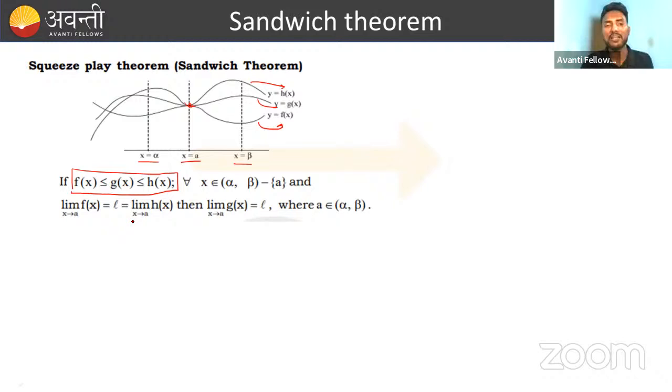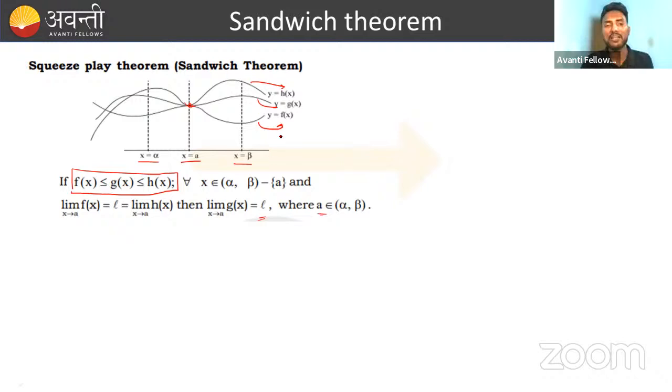But it depends on a being in between alpha to beta, and in alpha to beta, h(x) is always greater than g(x) and g(x) is always greater than f(x). First this property will be applied, then only I can say the limiting values of all three are equal.